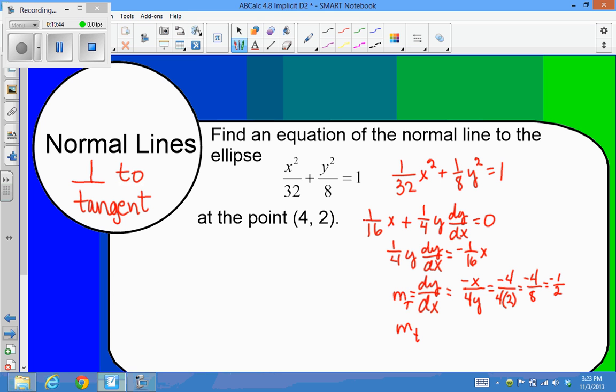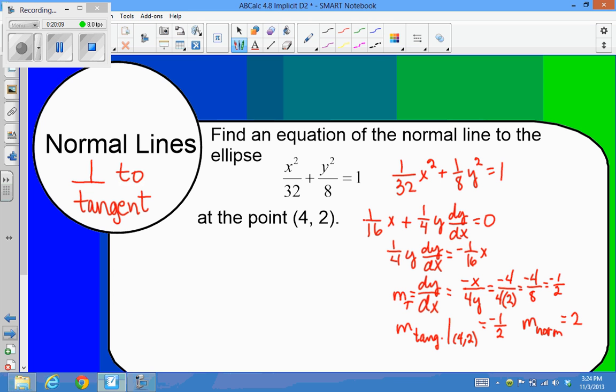The slope of the tangent line at the point (4, 2) is negative 1/2. Well, then that means the slope of my normal line is going to be the negative reciprocal of that. So the slope of the normal line is going to be a positive 2.